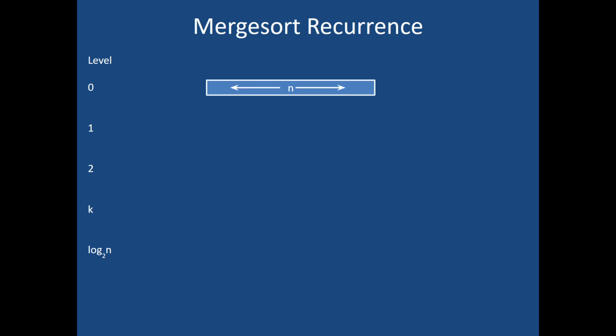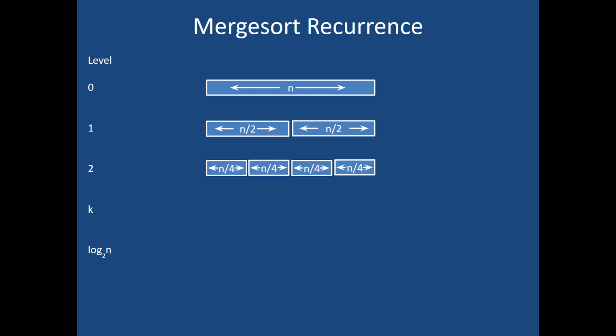Let's do it. At the top level, we're merge sorting an array of length n. We're going to make 2 recursive calls. How big will the array be at that level? 2 arrays of n over 2 being sorted. The next level, 4 of n over 4. At the top level, the merge is linear work, so I'm going to say 1 times n.